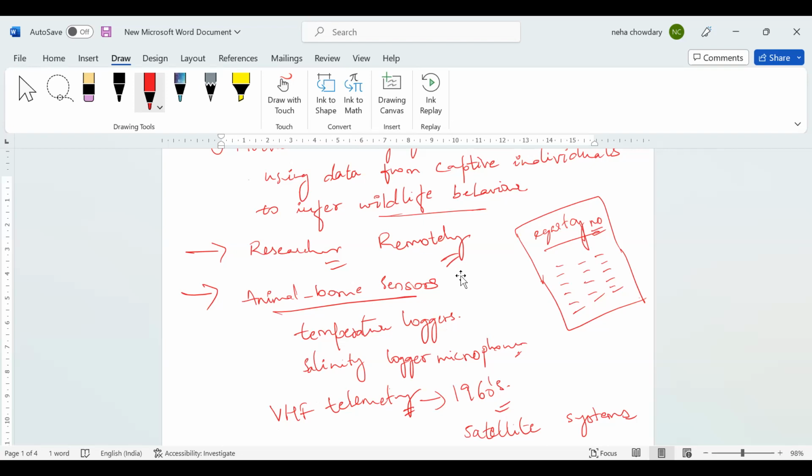So, how do researchers differentiate that? That is why, till date, the researchers still face a problem regarding that. So, how was this data collected exactly?